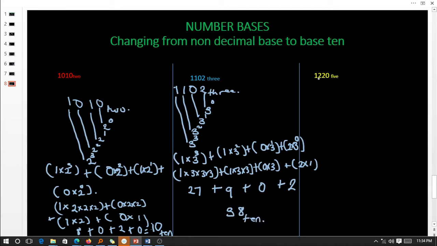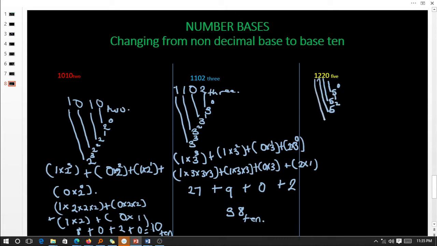Lastly, we are going to look at this one. It's 1220 base 5. So I'm going to start from here. So this is 5 power 0. Then this one is going to be 5 power 1. Then this one is going to be 5 power 2.